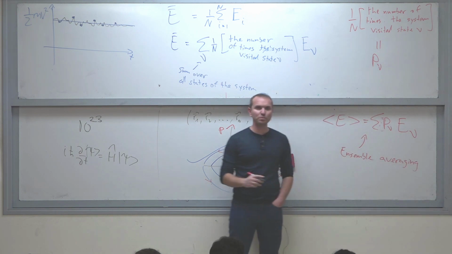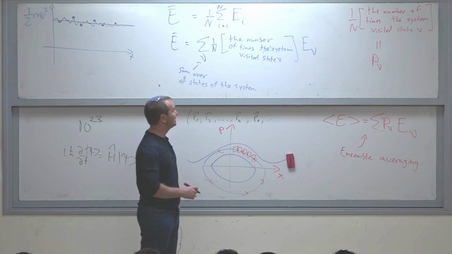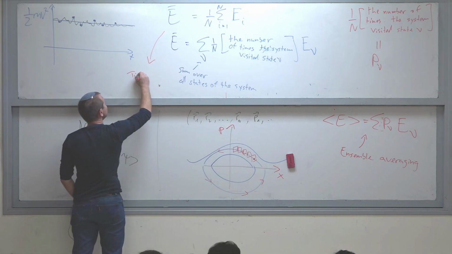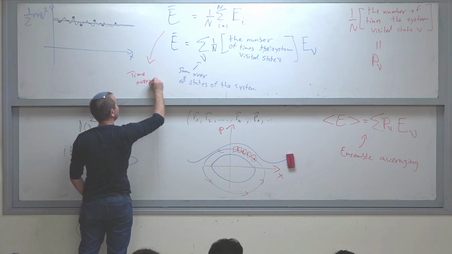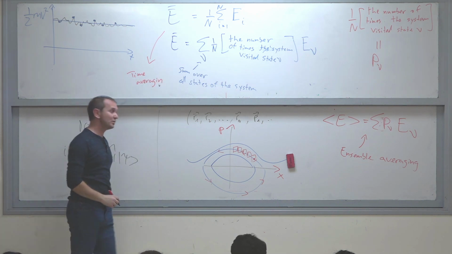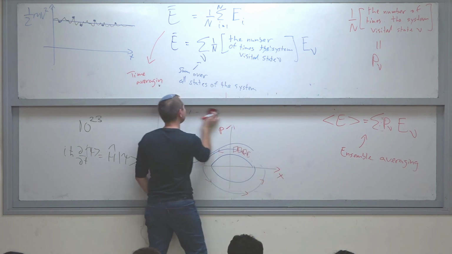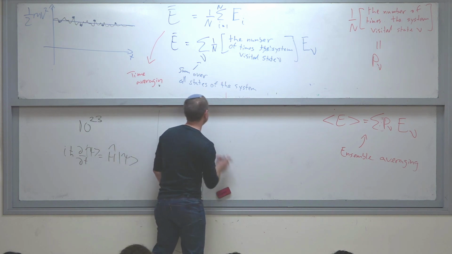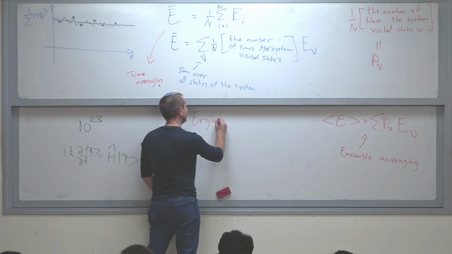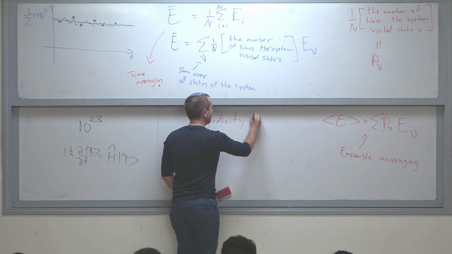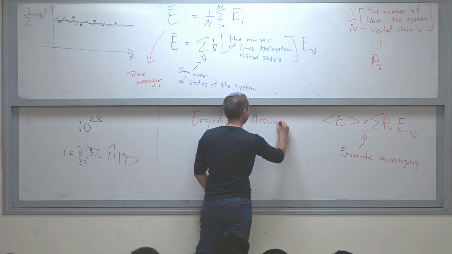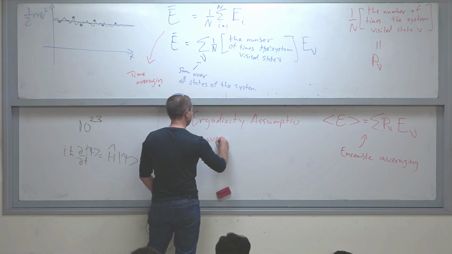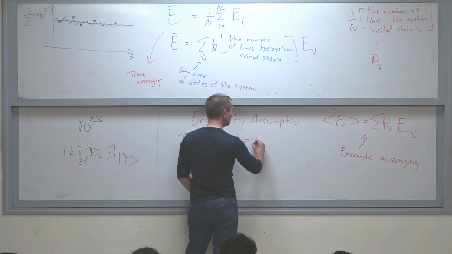And the basic property of statistical mechanics is that this guy over here, which is time averaging, the basic assumption of statistical physics, called the ergodicity assumption, is that time average equals ensemble average.